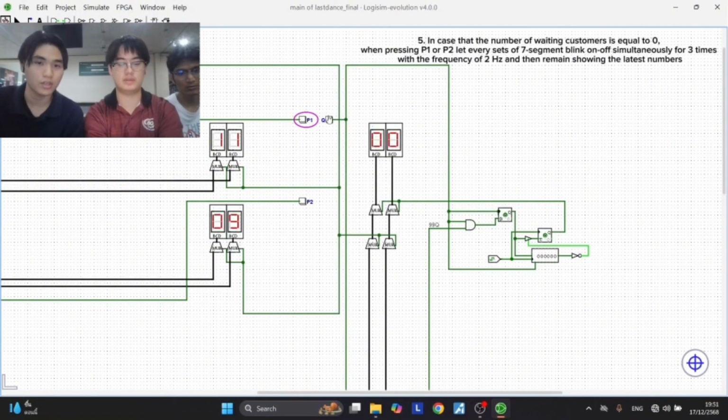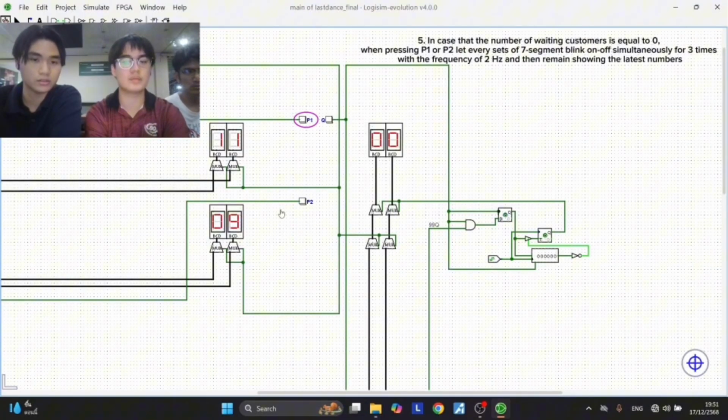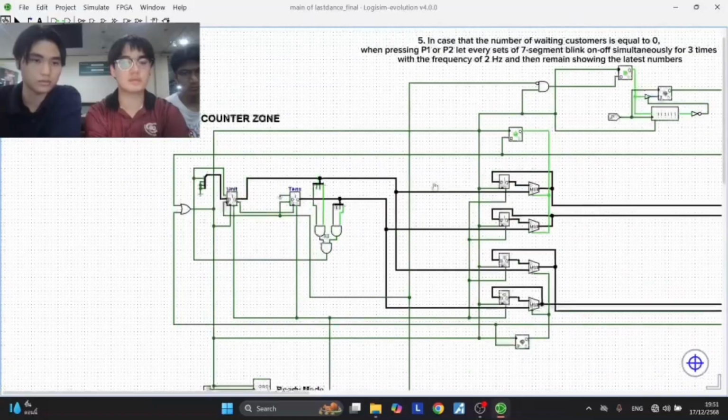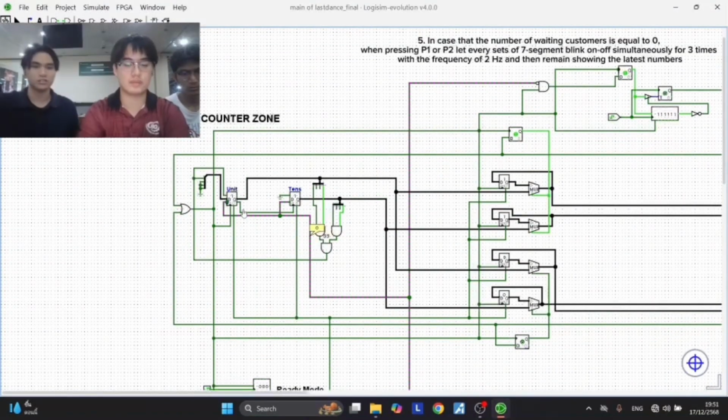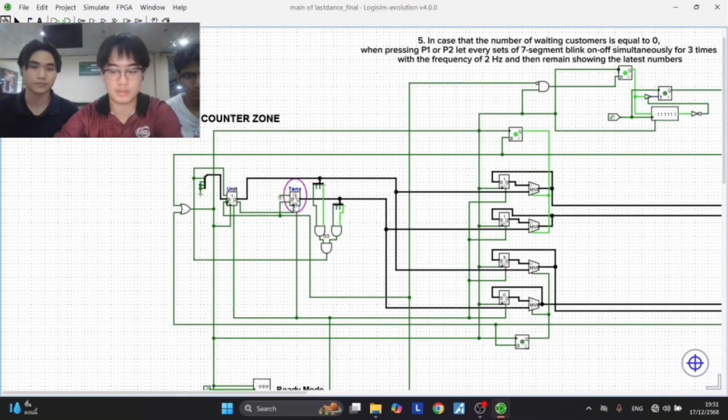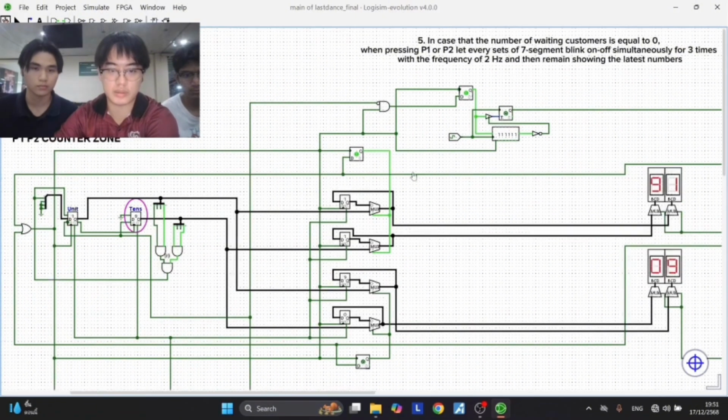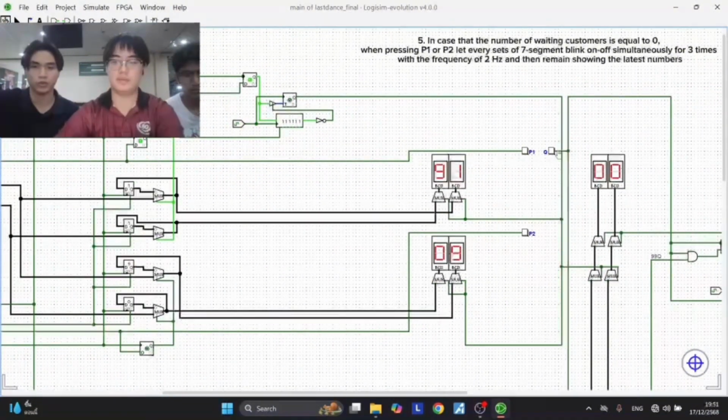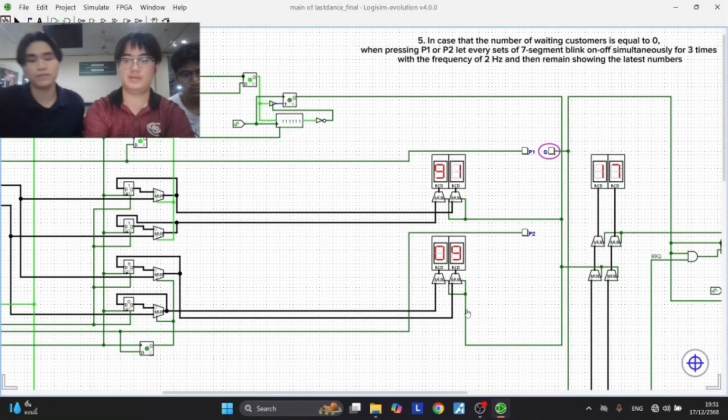When we press the other one, the number shown in that set has to read as 01.